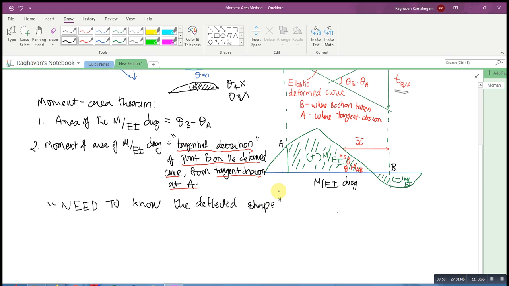So what does this mean? You need to know exactly where slopes are 0, where slopes change sign, where deflections change sign.